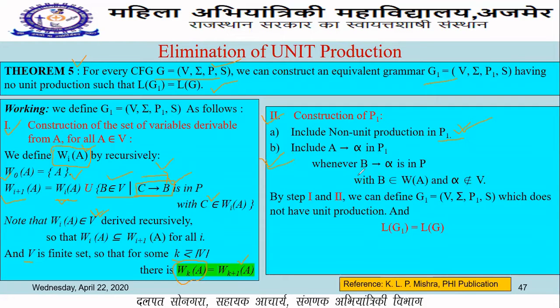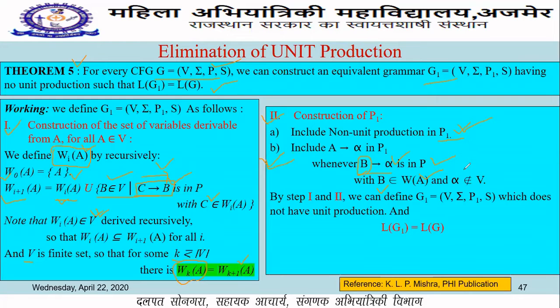Suppose we have a production B tends to alpha in our set of productions P in a given grammar G, and this variable B belongs to the set of derivable variables of A, and alpha is not a single variable.